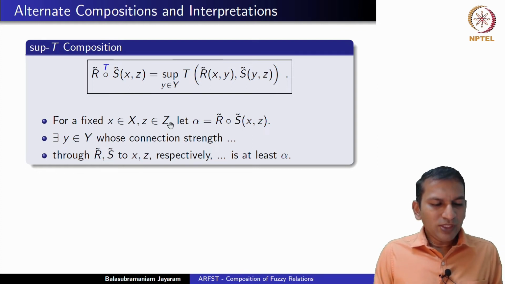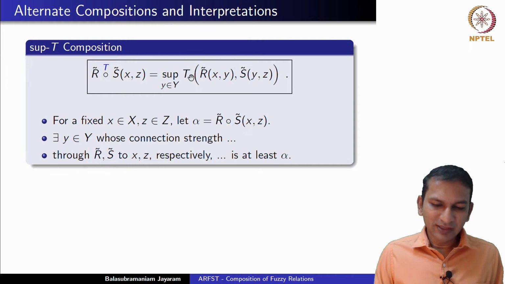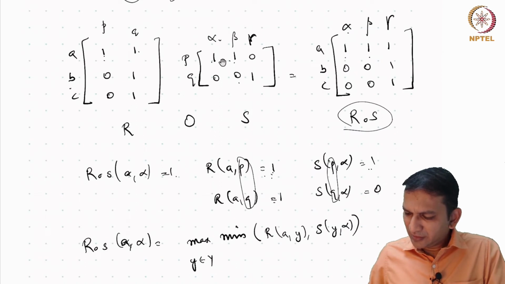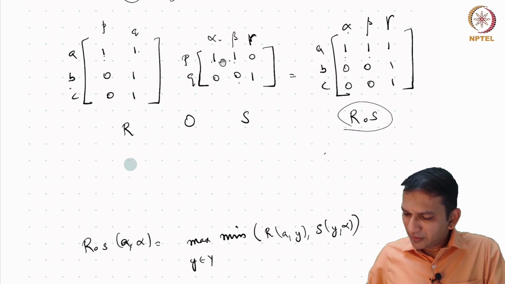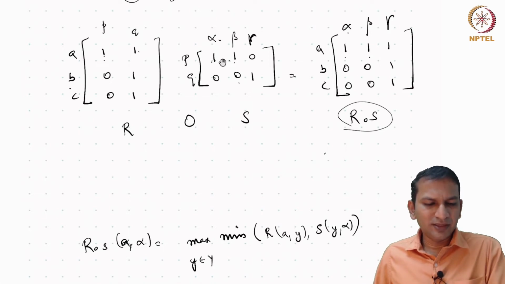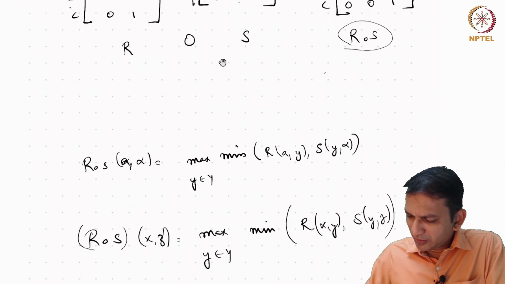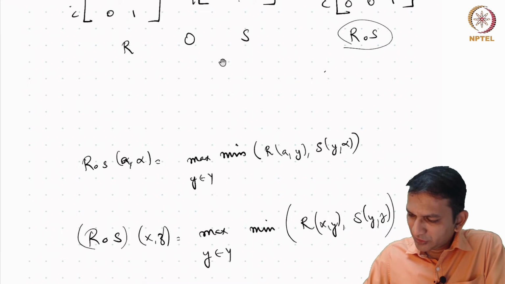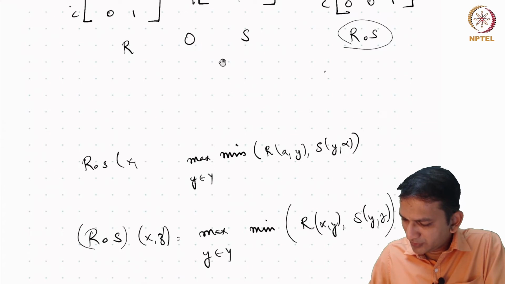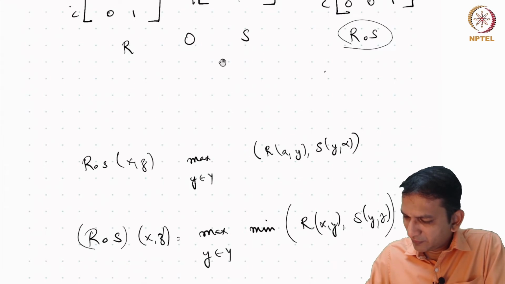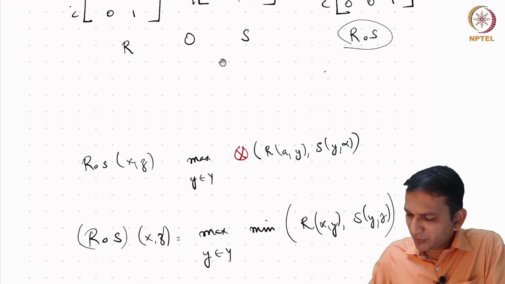Now, once we have interpreted this sup-T composition like this, let's go back to our matrix here and try to generalize this slightly further. So what we seem to have, when we are talking about composition, is this. If you have R circle S of x to z, we seem to have one binary operation here, and another binary operation.